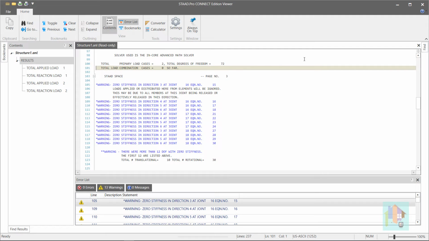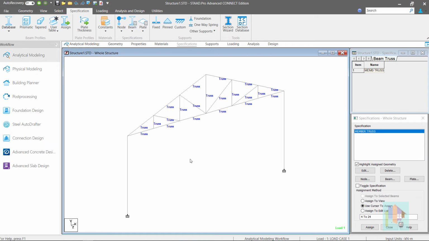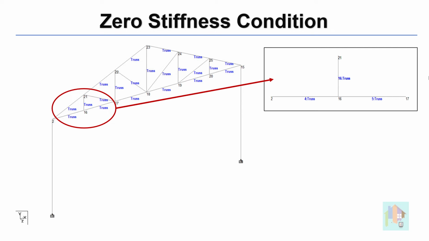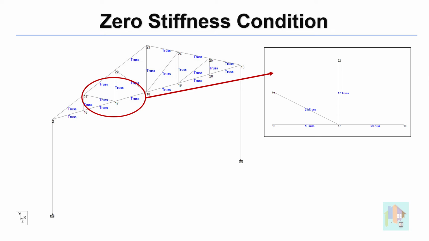Let's investigate the reason for node numbers 16 and 17. All the members connected to nodes 16 and 17 are truss members. These members have only axial stiffness. That means they can carry and transfer only axial force. If we look at the member orientation at any of these nodes, we can find that this joint has stiffness only in the x and y directions.